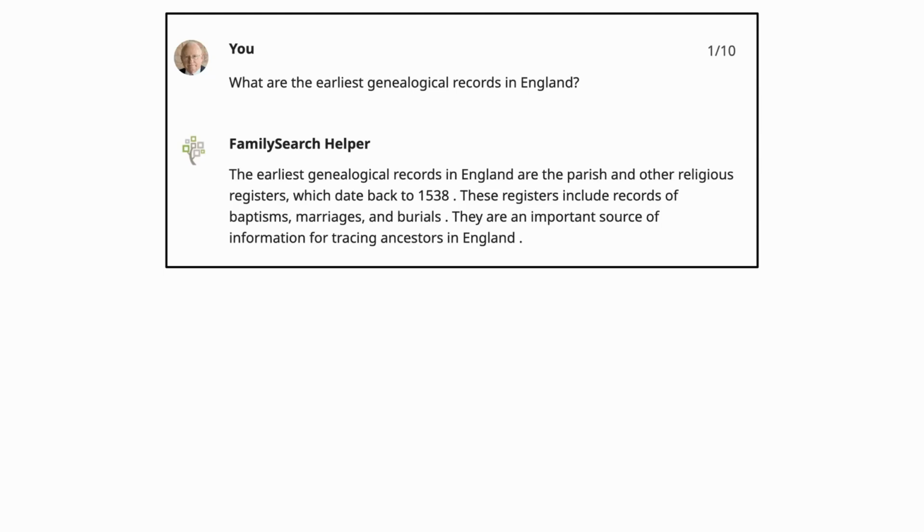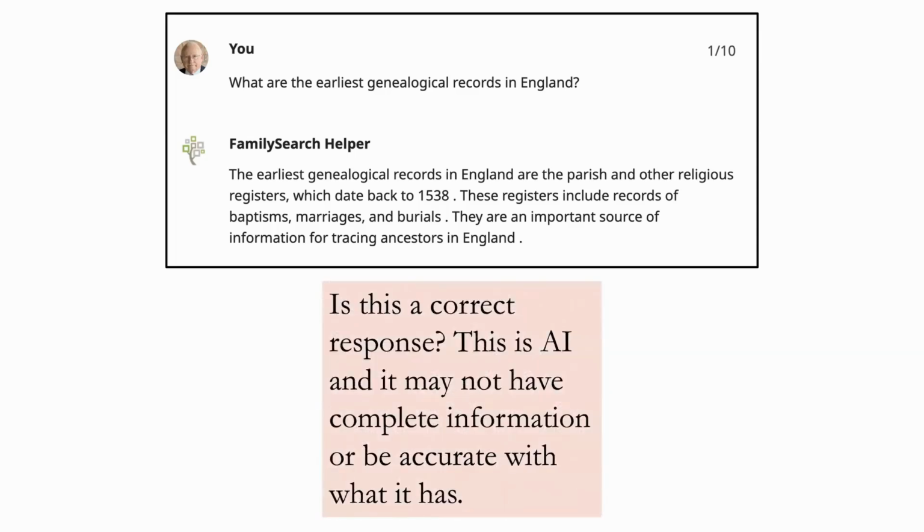But maybe I'm really asking if there are any earlier genealogical records. Now I could continue to ask questions of the helper. But is the answer here actually correct? This is AI, and it may not have complete information or be accurate with what it has. So this may not be accurate at all. One of the ways that I test these, and I've mentioned that, is that I ask questions that I know the answer to.